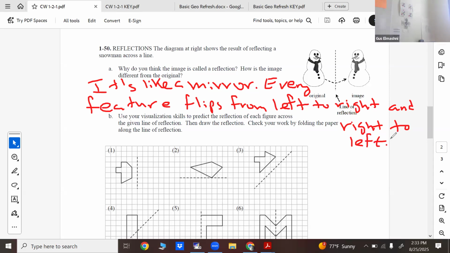So take a look at the carrot. That's pointing to the right. That's pointing to the left. Look at the star. See how the longer part is that way. Now it's the other way. Look at its belly, whatever you put there. It's reversed, right? Everything is flipped.